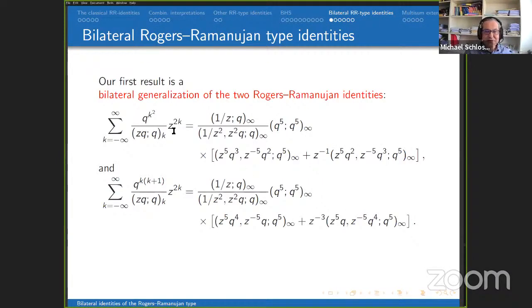Yeah, and we have a free parameter z. It's again a q-series expansion. For q less than one, it converges absolutely everywhere. We should take z not being 0 or infinity, of course, like you would do this on the complex plane.